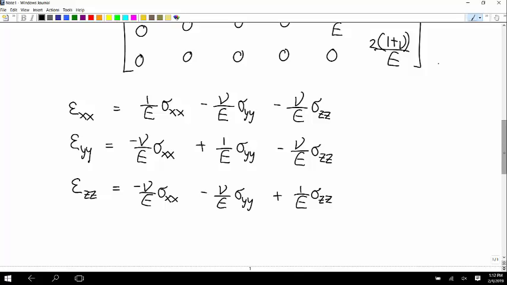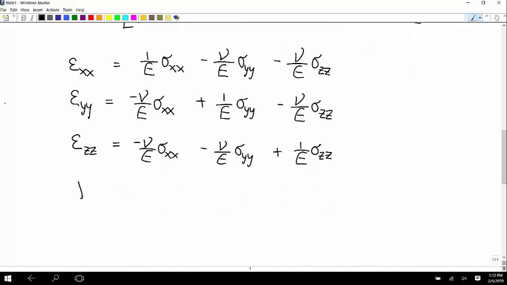Okay, so now what about shear strains? What factors into the YZ shear strain? Remember, the YZ shear strain tells you what the angle is between the positive Y and positive Z faces. So what factors into that?